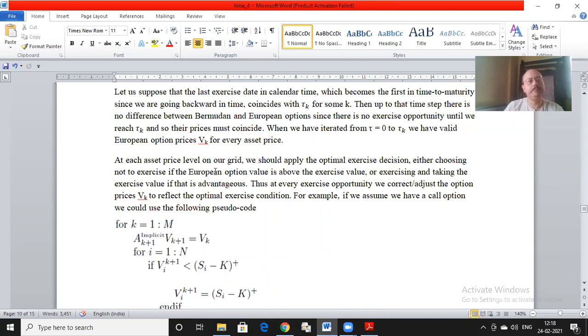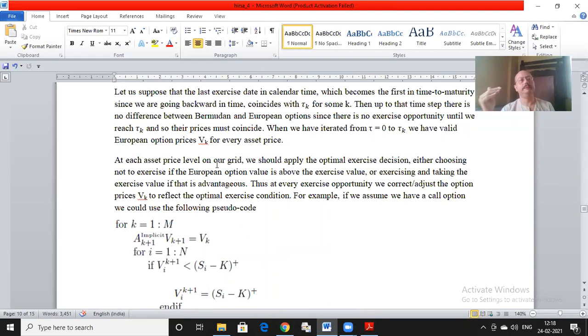Now at each asset price level on the vertical on our grid at tau k, we should apply the optimal exercise decision. Now recall, this is the XM star that we talked about this morning, where I am exactly indifferent between continuing and exercising.